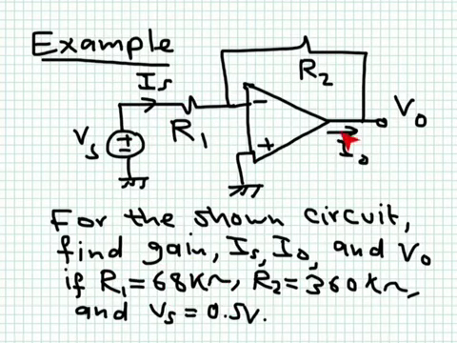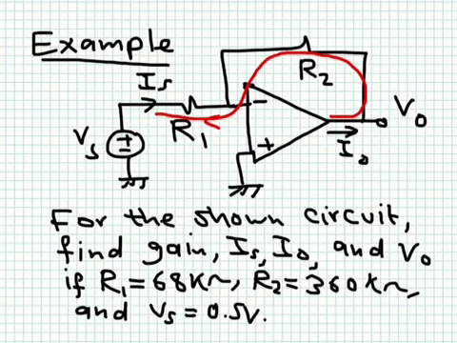Now, what is I naught? Here we are not assuming that there is any other circuit connected to the output. So whatever current is flowing from the OpAmp will have simply to go this way. So we can simply draw this here. Whatever current is flowing from here will have to flow this way. And because there is no current flowing into the negative terminal, this current will have to continue into R1.